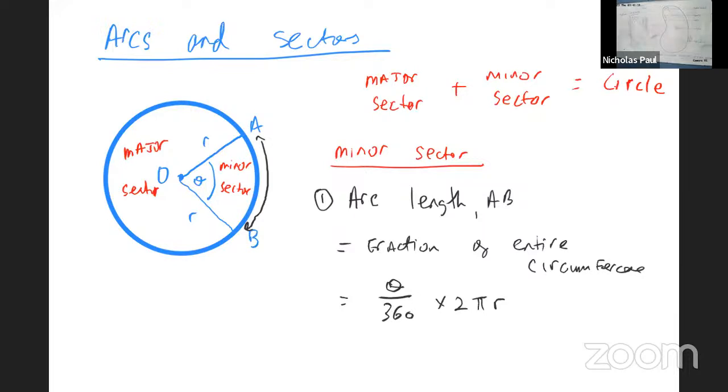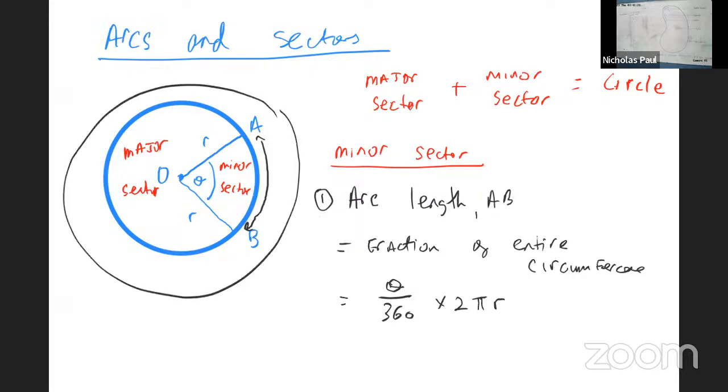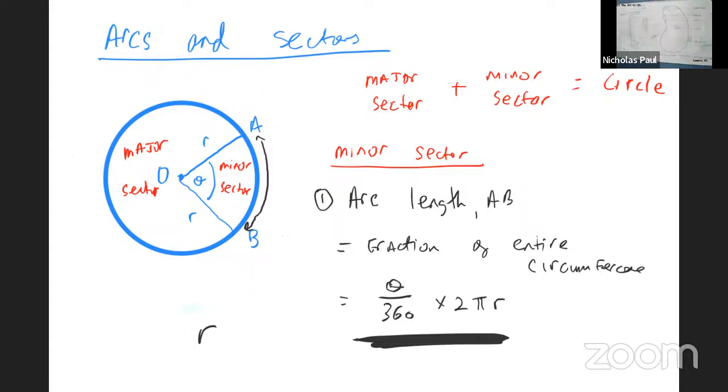You already found the minor arc. Could we find the whole circumference? Yeah, 2 pi r. So 2 pi r minus the minor arc. Caleb, you see that? If you find the whole circumference and you minus the minor arc, you will end up with the major arc.